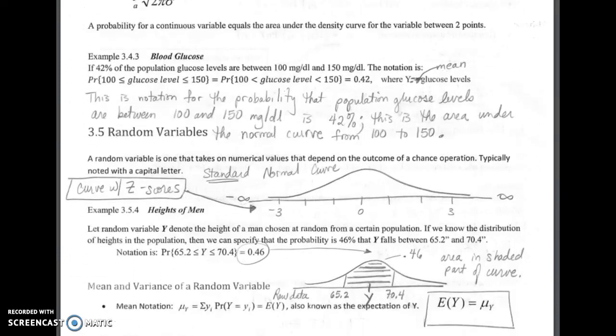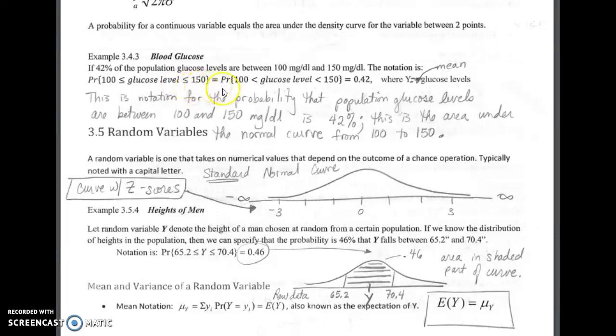So the probability for a continuous variable equals the area under the density curve between those 2 points A and B. As an example, in 3.4.3 with blood glucose, if 42% of the population glucose levels are between 100 and 150 milligrams per deciliter, then the notation for this would be Pr with the squiggly brackets, 100 is less than or equal to glucose level is less than or equal to 150.